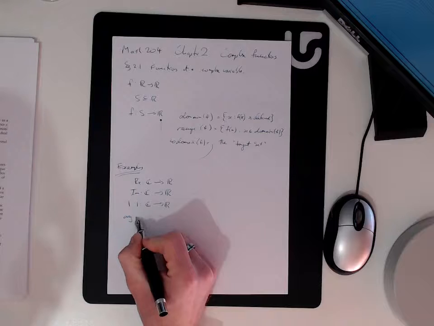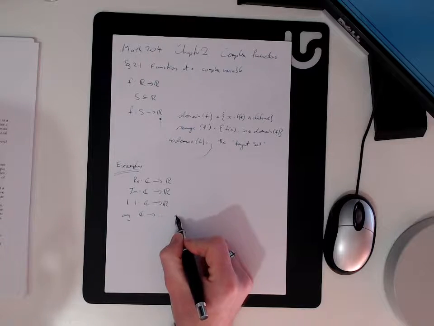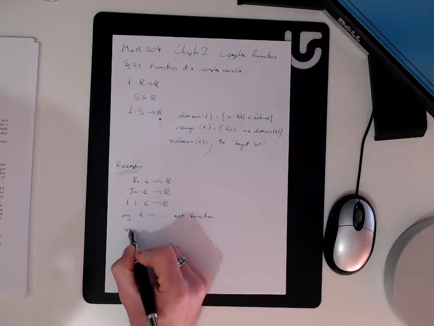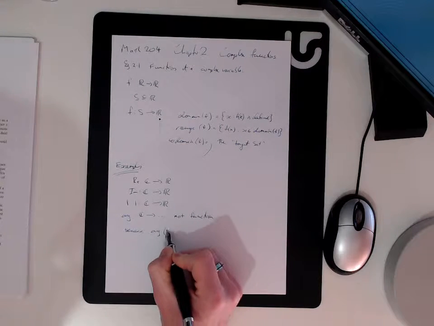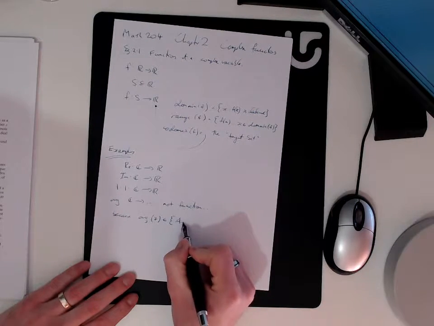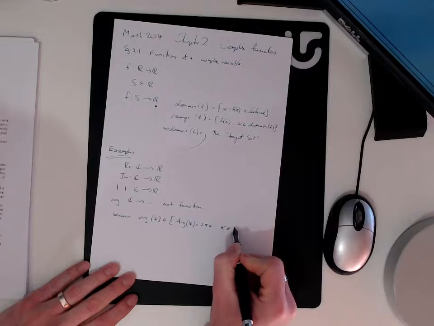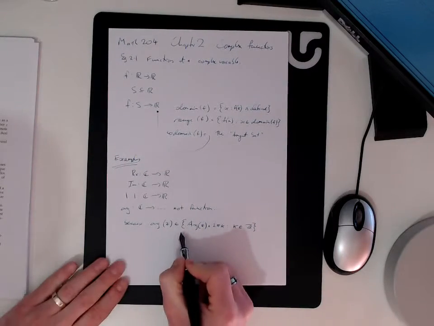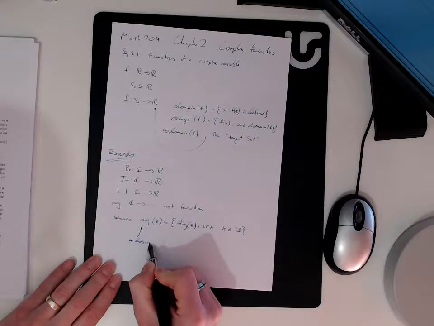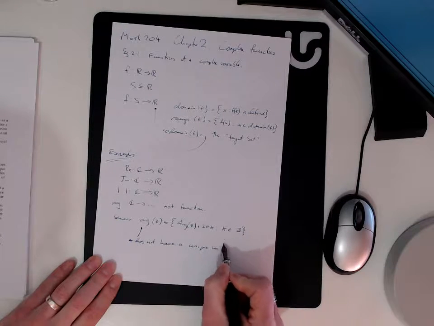The argument takes the complex numbers into, well, as you've seen it so far, the argument is not a function, because the argument of z is only an element of a set, which would be the principal argument of z plus 2 pi k, where k is an integer, so it does not have a unique value.